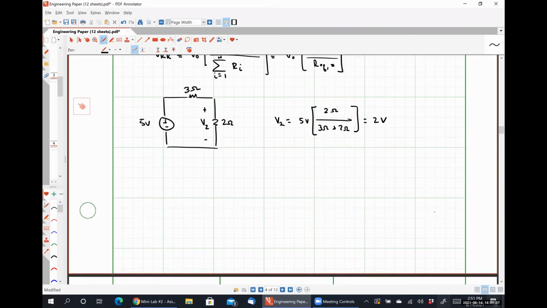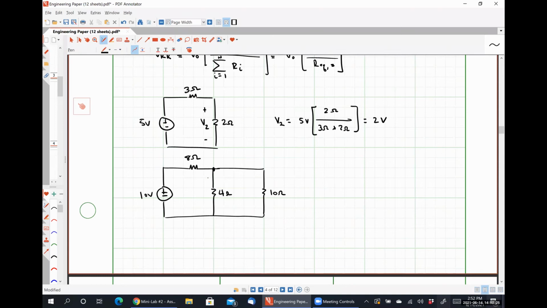So let me make things slightly more complicated. Let's say that I have 10 volts, an 8 ohm resistor here, a 4 ohm resistor here, and a 10 ohm resistor here.